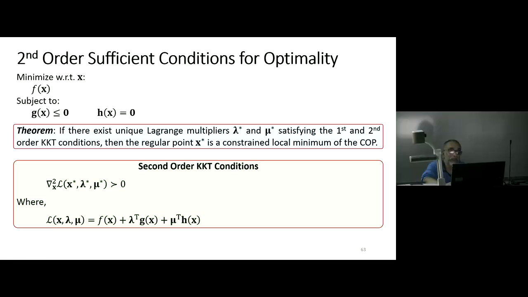This actually becomes a matrix, and the positive definite concept will apply here. The first derivative of the Lagrangian is a vector. The second derivative is a matrix. It's the Jacobian, actually, of the Lagrangian.